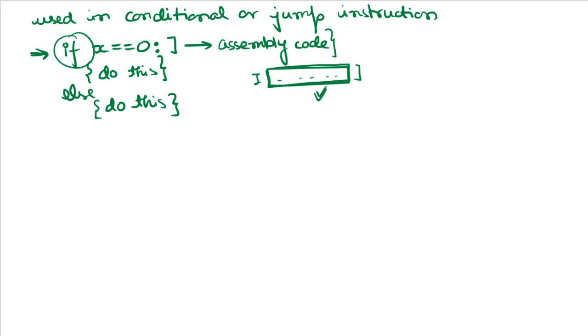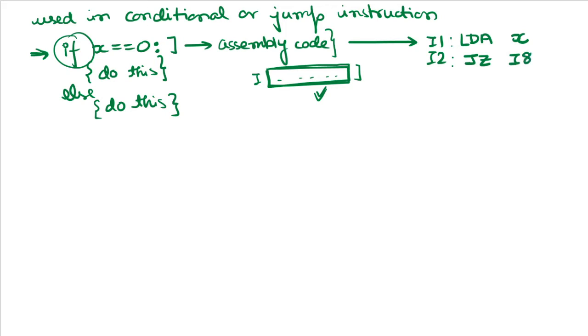Now this if condition will always have two instructions, let's suppose I1 and I2. So we represent this if x is equal to 0 as load into accumulator x and jump if 0 to instruction, let's suppose I8.